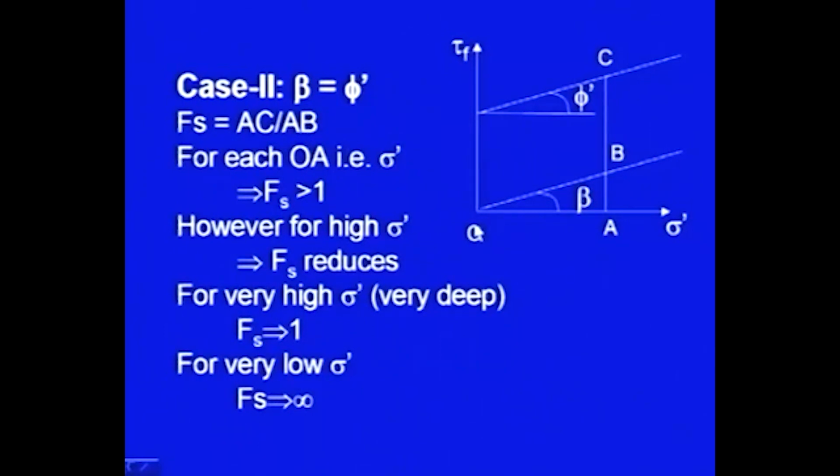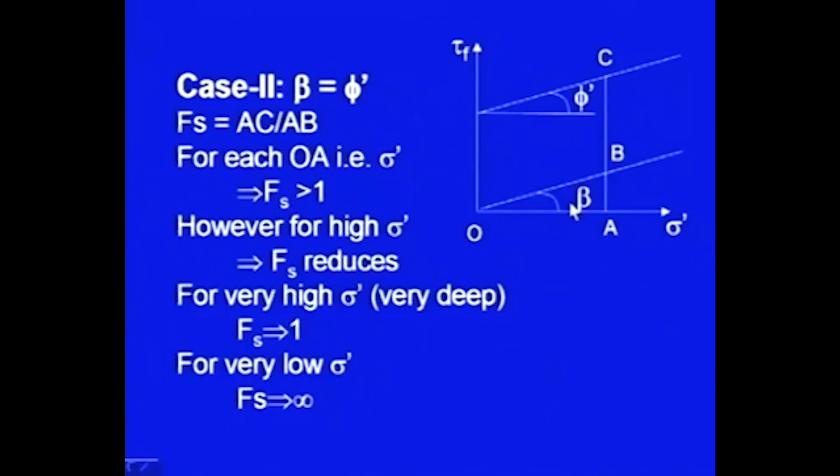Now, let us see what happens if I keep on changing point A from 0 and let us say theoretically up to infinity. So, for each OA, now you can see AC upon AB, I am trying to find out for different values of sigma dash, and here these two lines are parallel to each other because we have taken beta equal to phi dash.